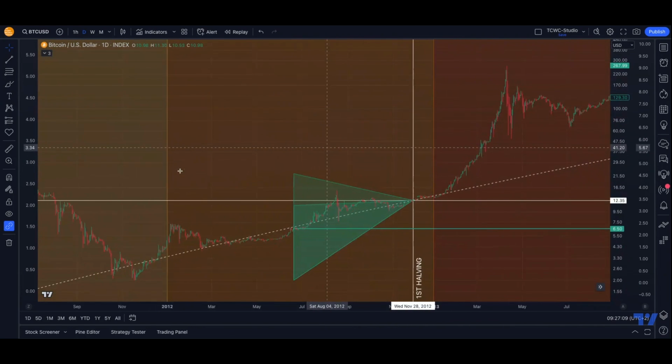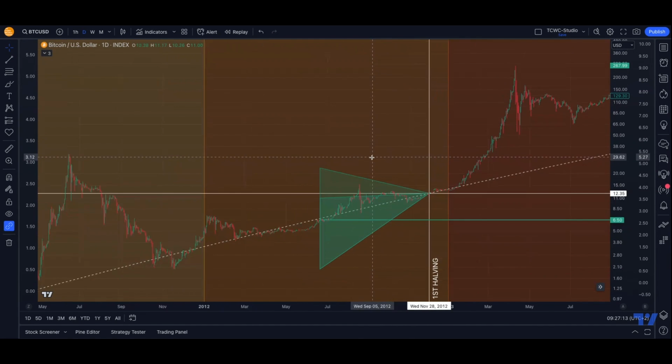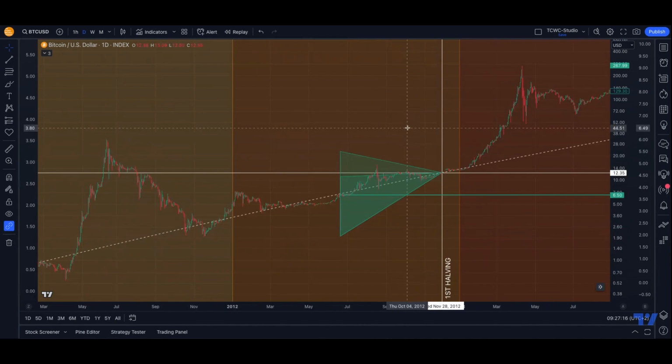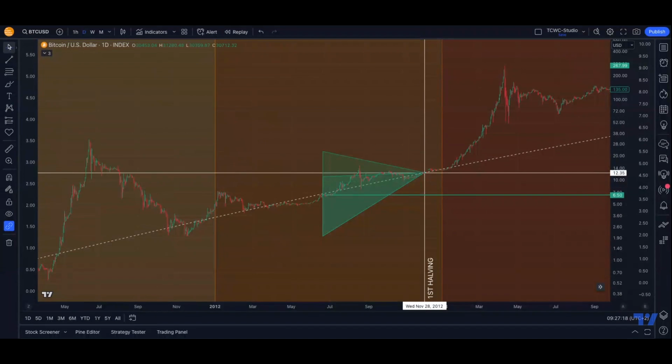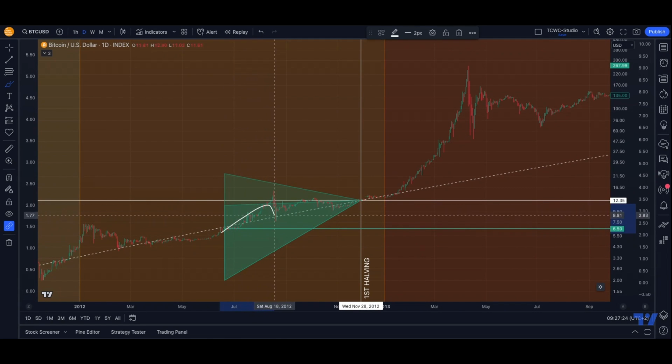In the bull market before that, actually this was our second bull market of that cycle, we traded in the lower cumulus triangle up until the halving.